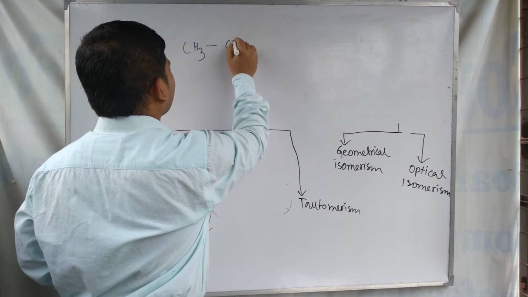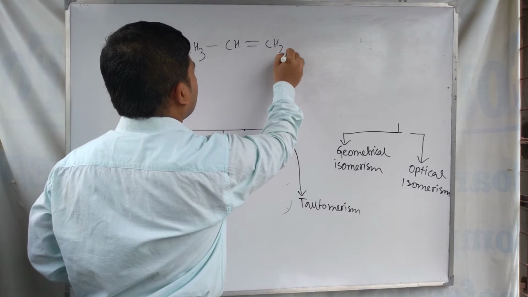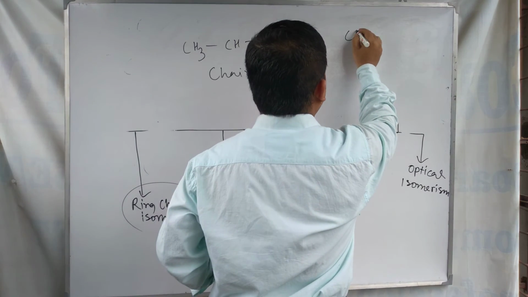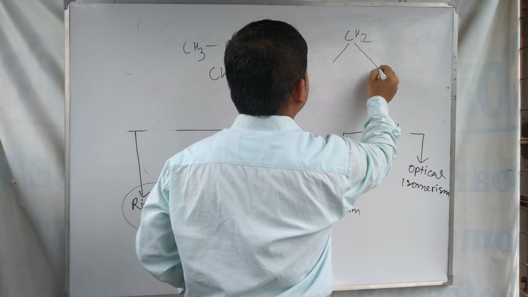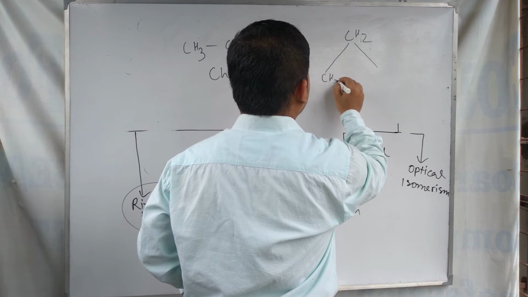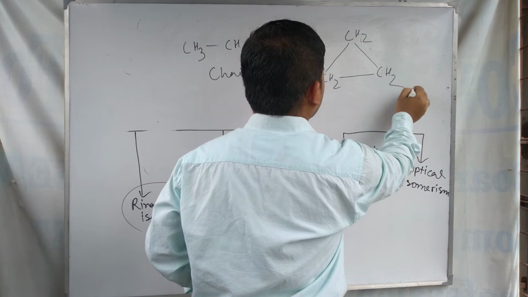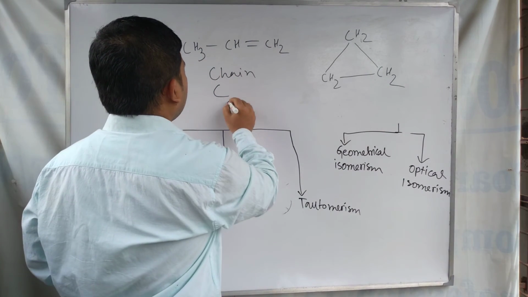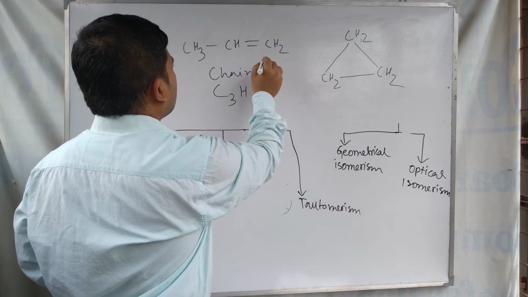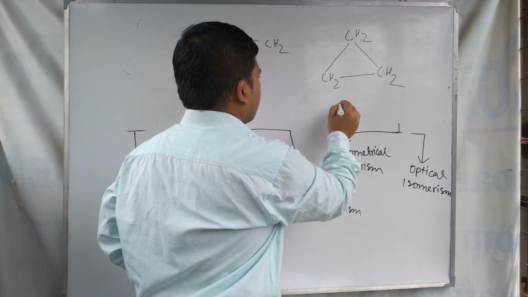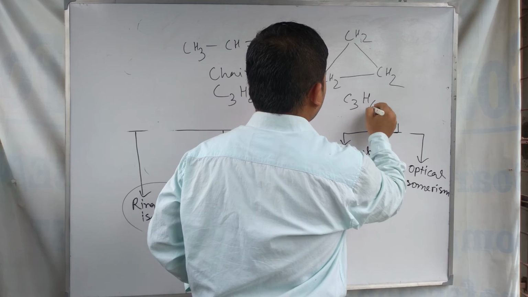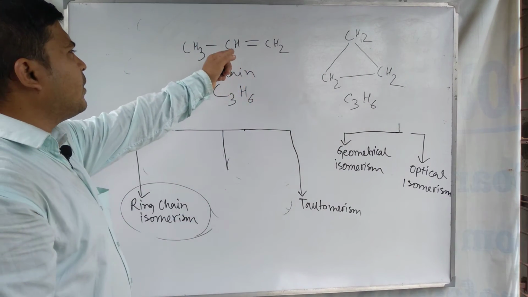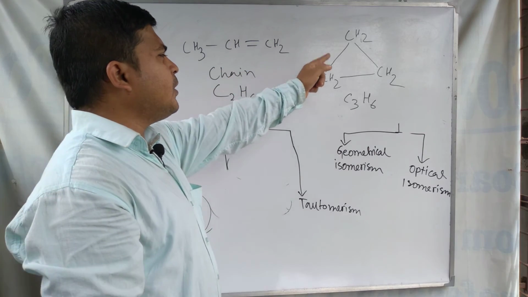Suppose this one is a chain, and this is a ring.